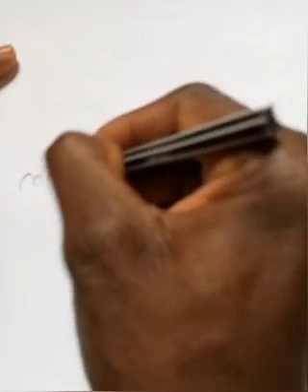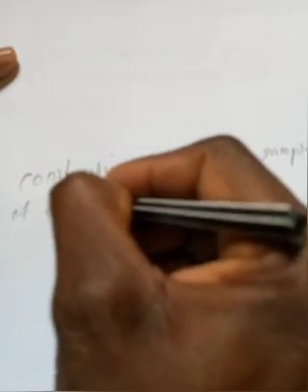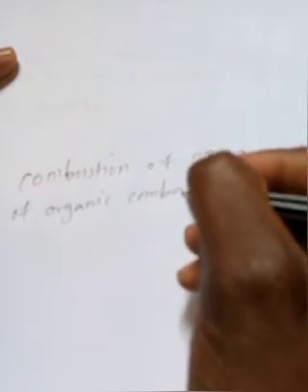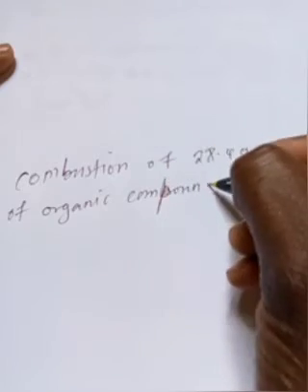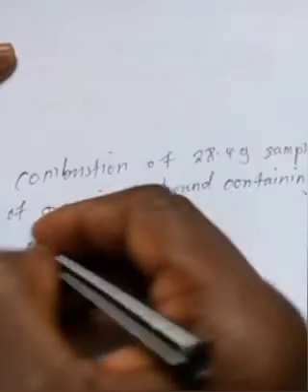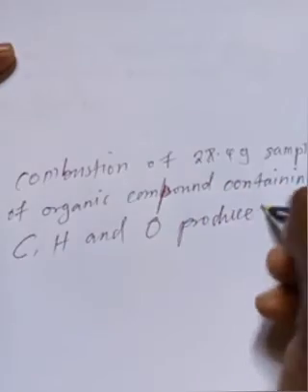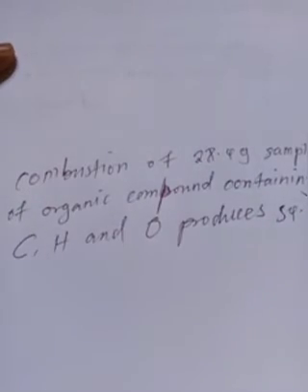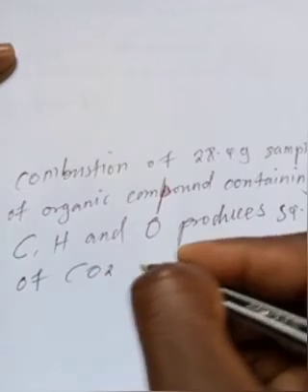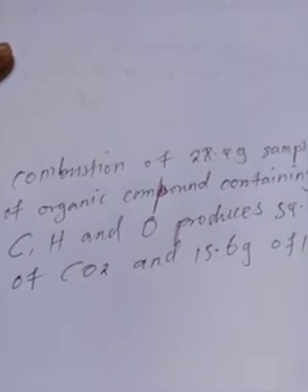So combustion of a 28.4 grams sample of organic compound containing carbon, hydrogen, and oxygen produces 54.3 grams of carbon dioxide and 15.6 grams of water, that is H2O.